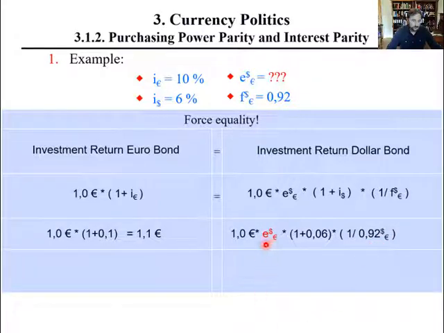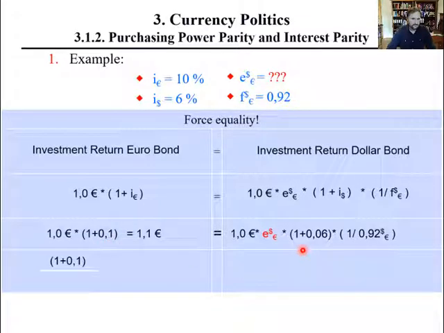And in order to find the value of this unknown variable that equates both type of returns, investment return in a euro bond and investment return in a dollar bond, we have to force equality between both sides of the equation. So let's keep the unknown variable, the spot exchange rate, on the right side of the equation, and let's bring all the other variables on the left side. On the left side we have already the euro interest factor.